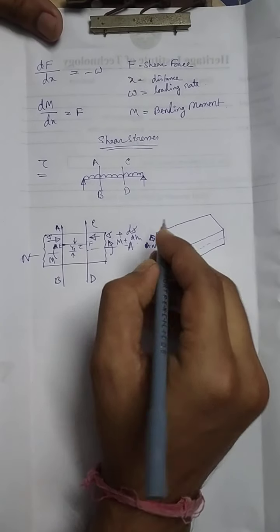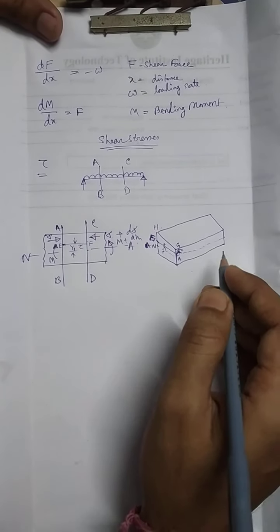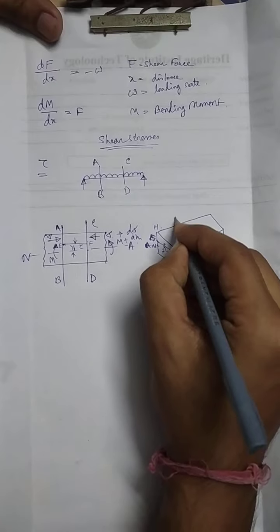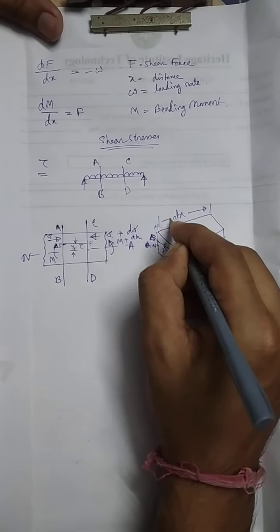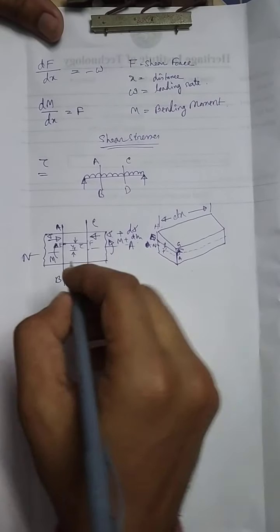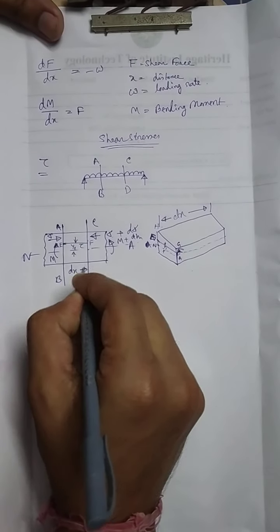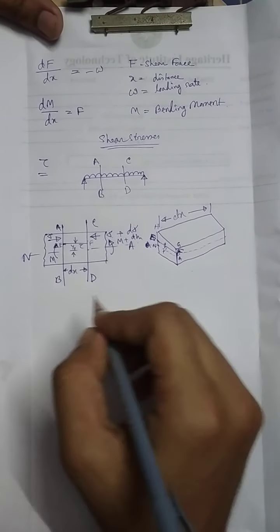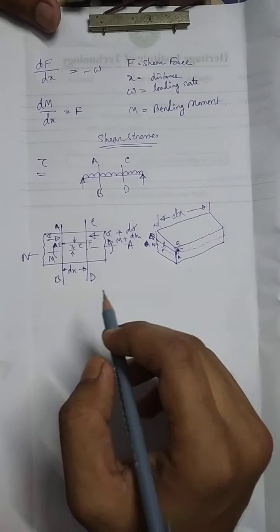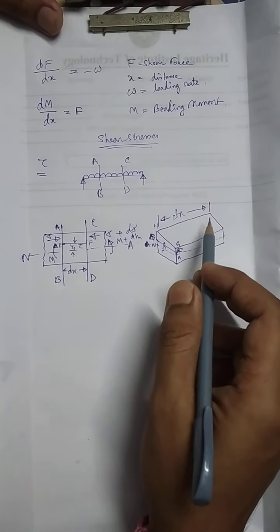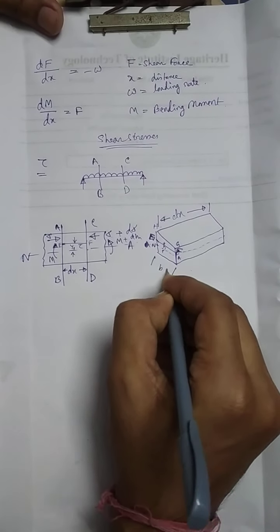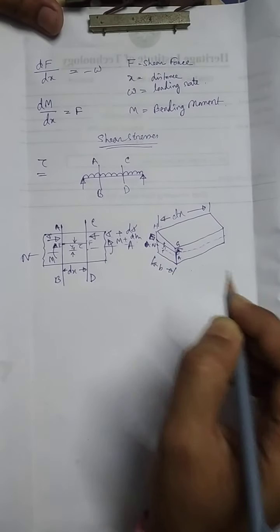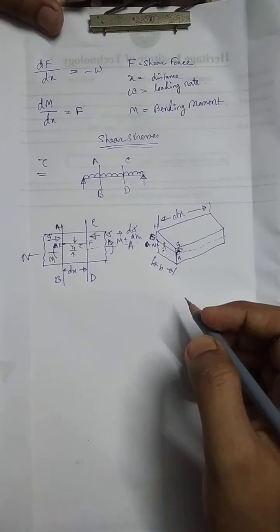Say we name these G and H. Now this length is dx, the distance between the two sections, and the width of the beam is B.